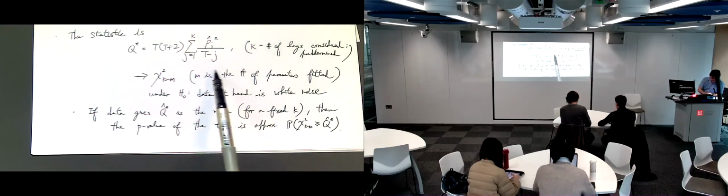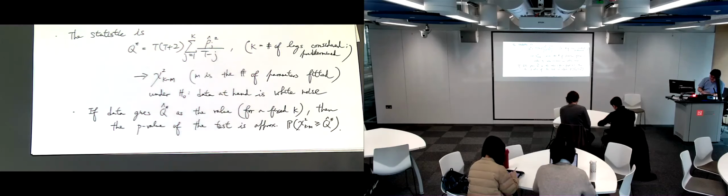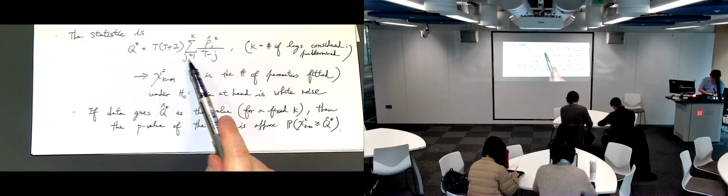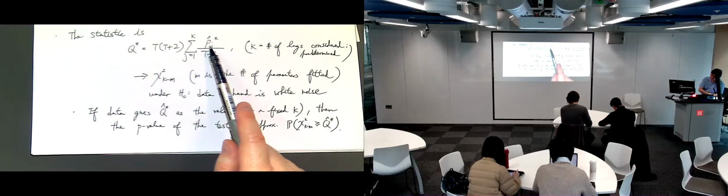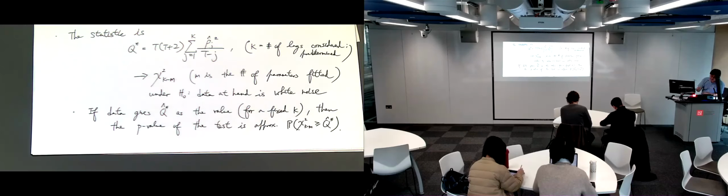All the rho j hat, starting from j equals 1, rho 1 hat, rho 2 hat, theoretically should be 0 if it's white noise, but it's empirical, so they have something there, but shouldn't be too large. Then the probability of a chi-square with K minus m degrees of freedom being larger than something not too large should be large. So this is the p-value. If H naught is true, we expect this p-value to be large.